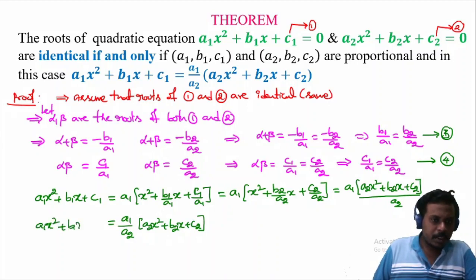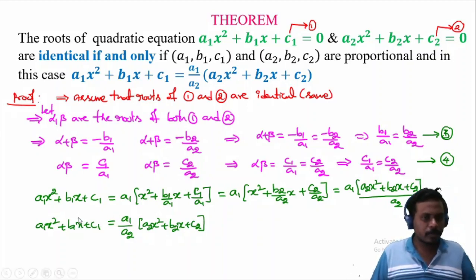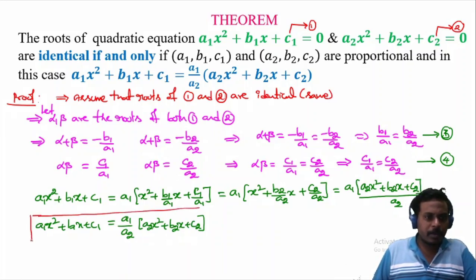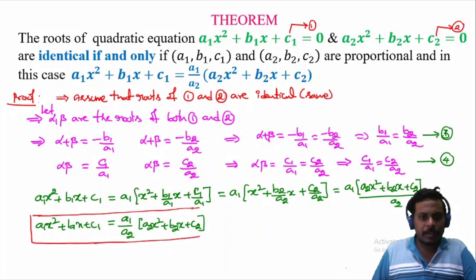So here is the result. That means we have proved in this case the coefficients are proportional. If the roots are identical, then the coefficients are proportional.